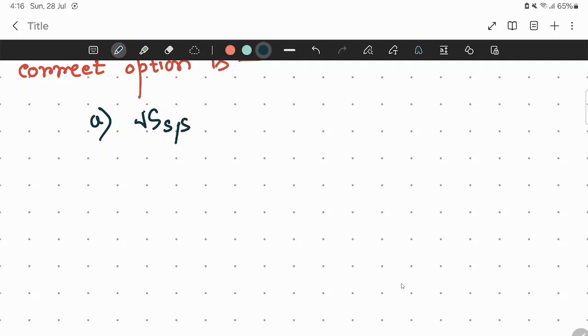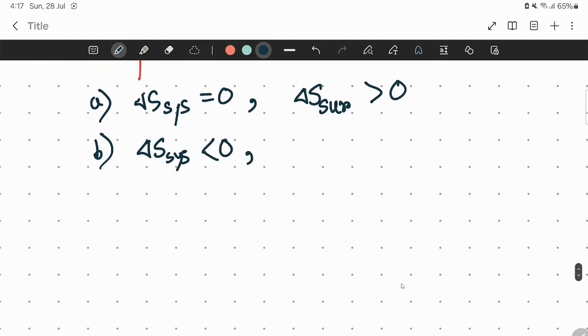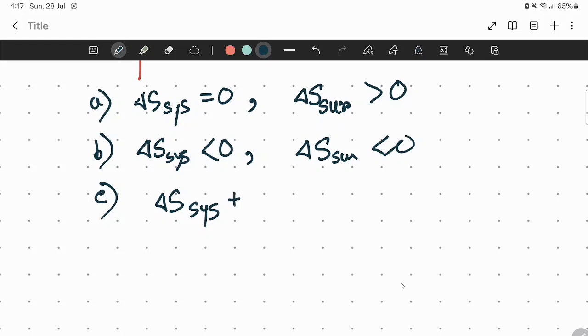Del S system equals 0 and del S surroundings greater than 0.